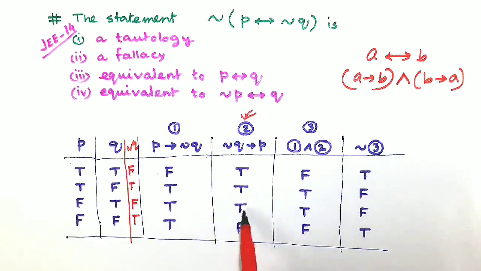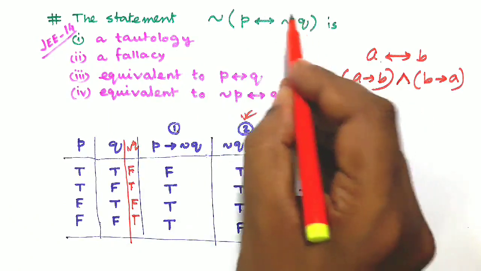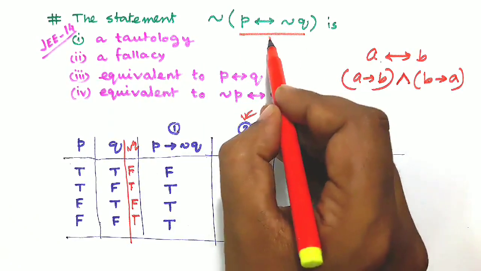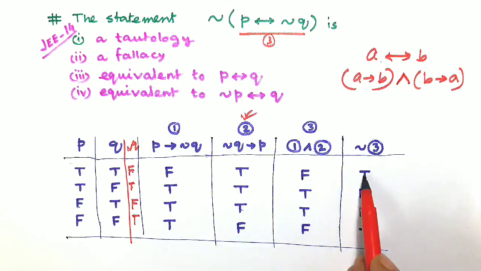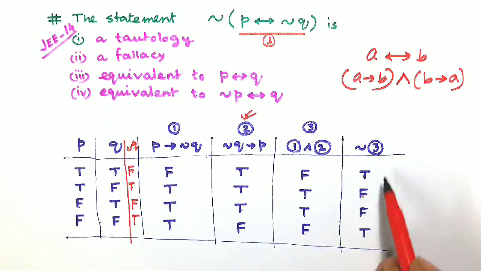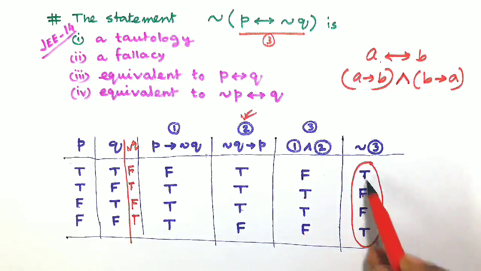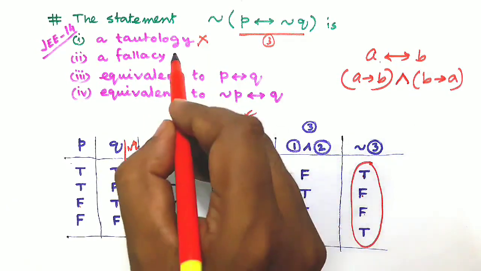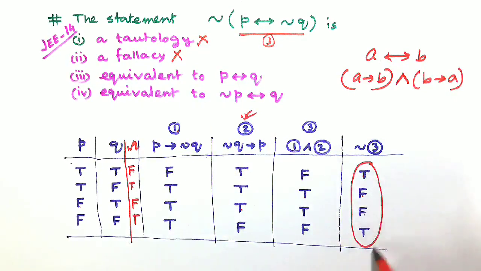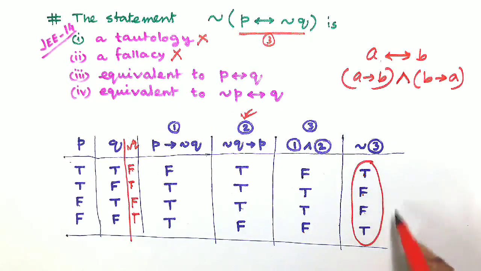T and T is T, T and T is T, T and F is F. Now this is column number 3, and we need its negation: negation of F is T, negation of T is F, negation of T is F, negation of F is T. Now we found in the last column T, F, F, T. So it is not a fallacy, because all the values are not F, and it is also not a tautology because not all of them are true.